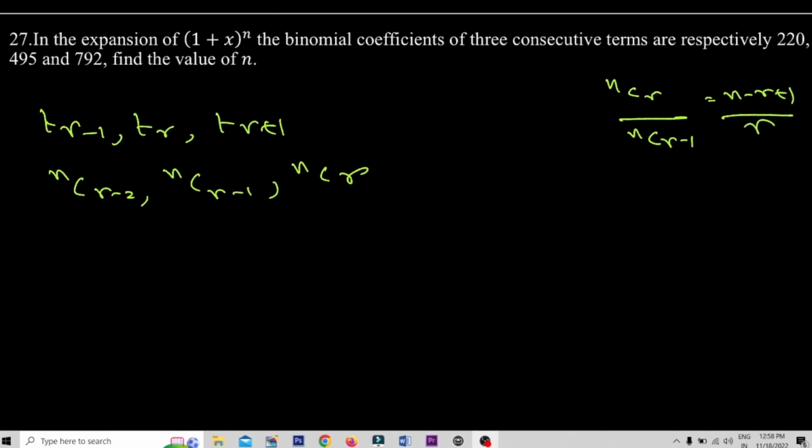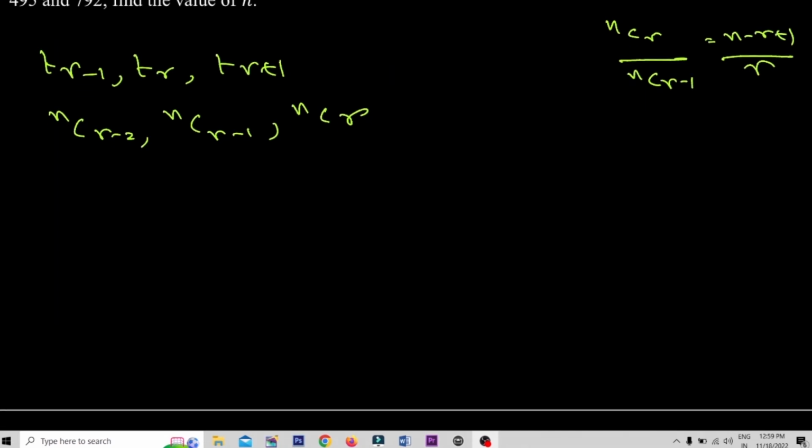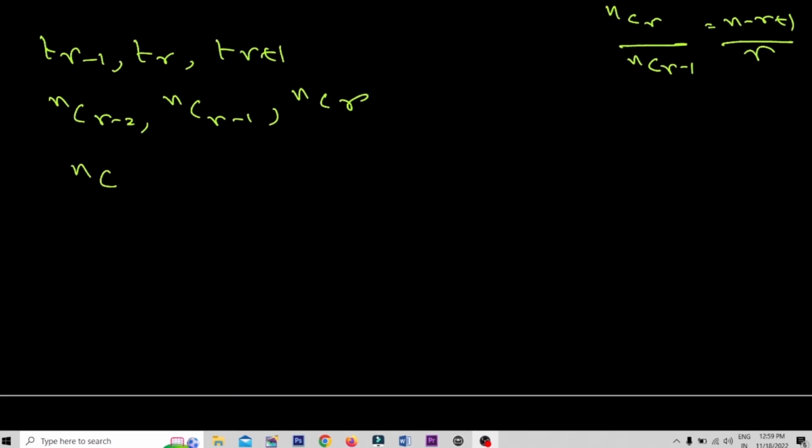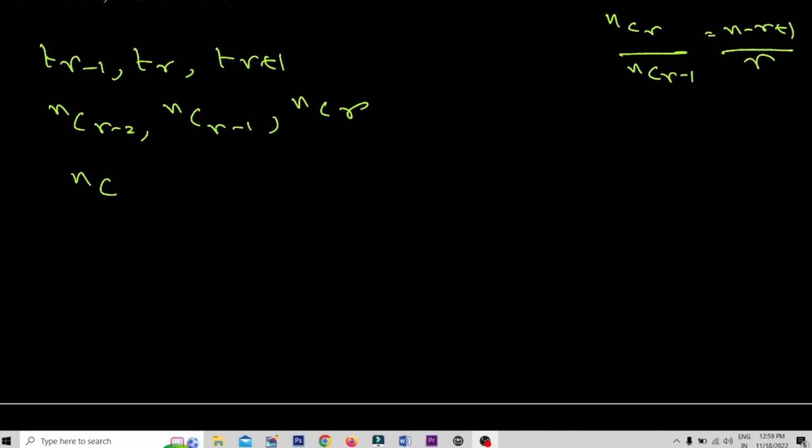The coefficients of these three terms are 220, 495, 792. Let us apply nCr by nC(r minus 1). So nC(r minus 1) by nC(r minus 2) equals 495 by 220.